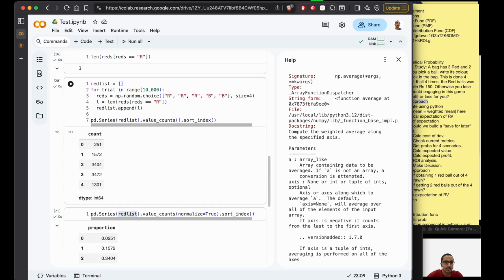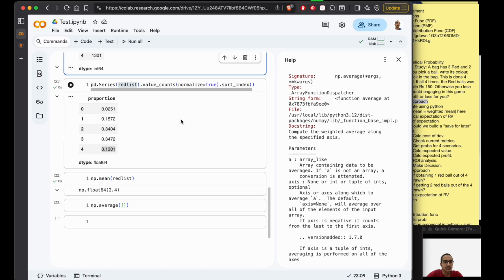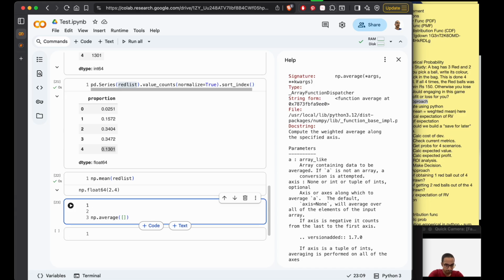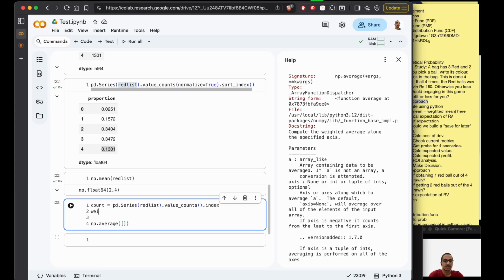So the count is the index, and the weights are the values.